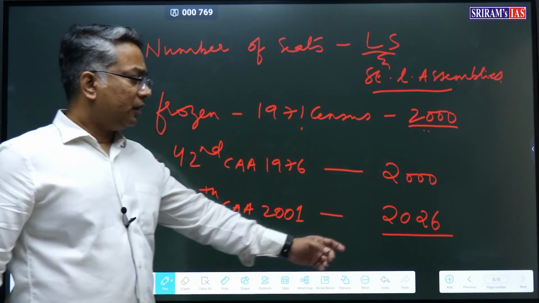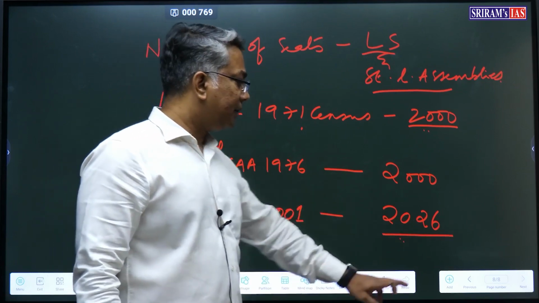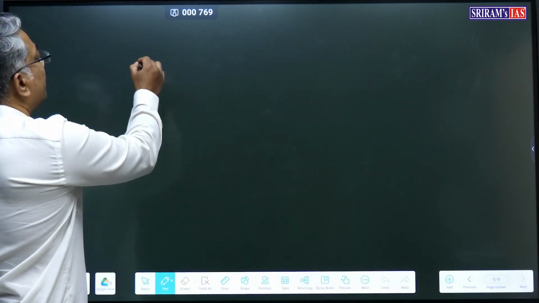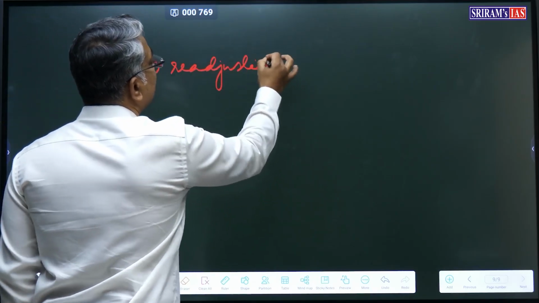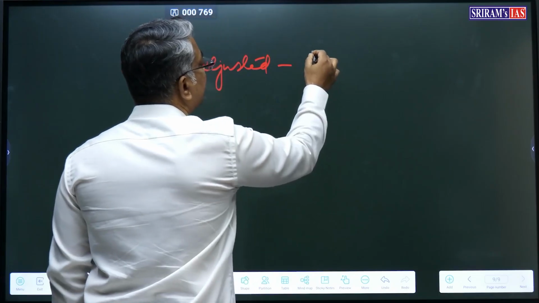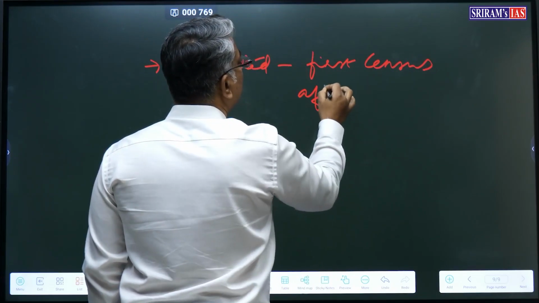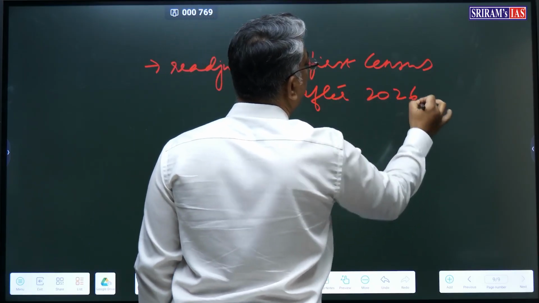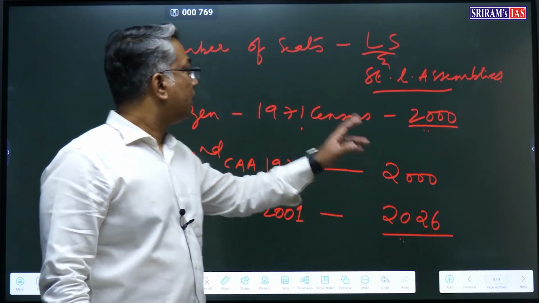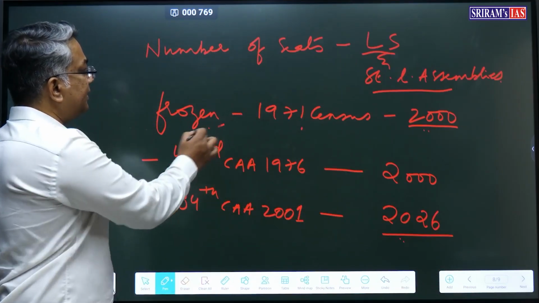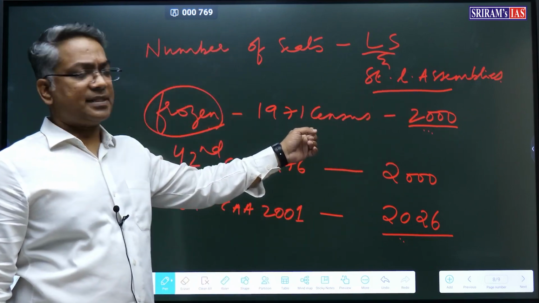So, the number of seats has been frozen till the year 2026. Now, when will the number of seats be readjusted? It will be readjusted on the basis of the first census after 2026. Okay. So the number of seats was frozen in the year 2000 on the basis of the 1971 census.